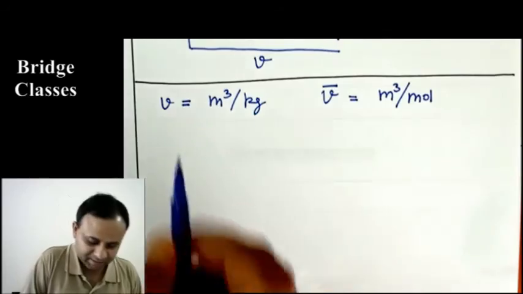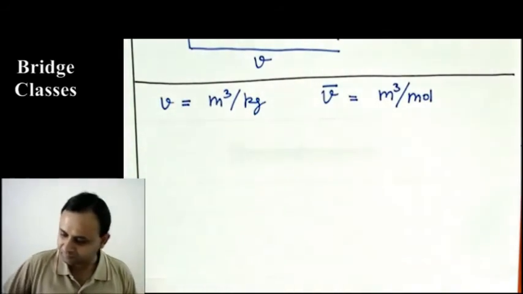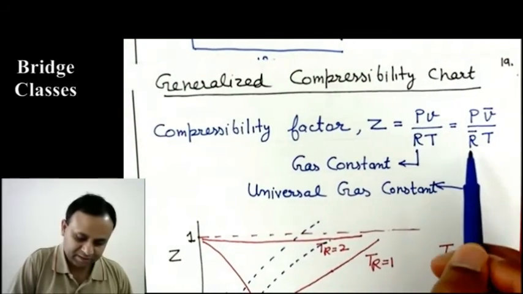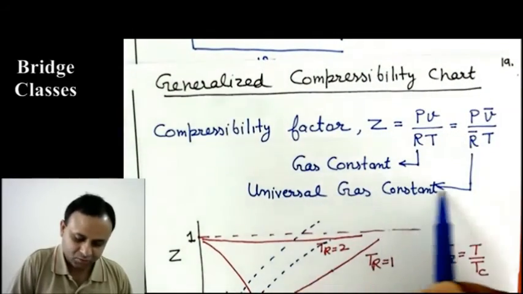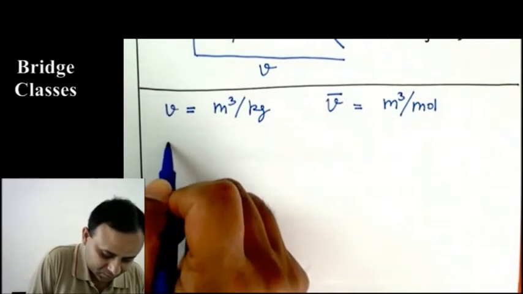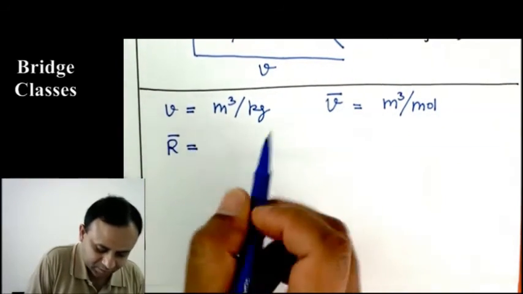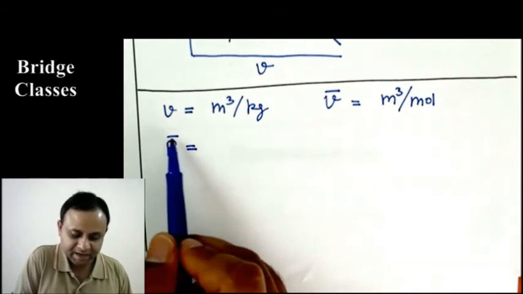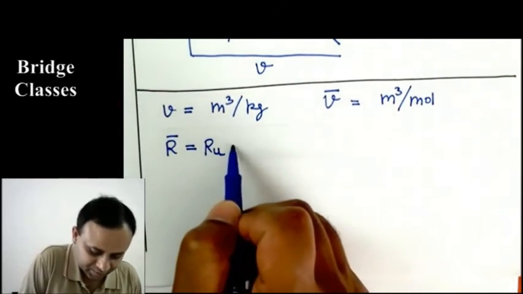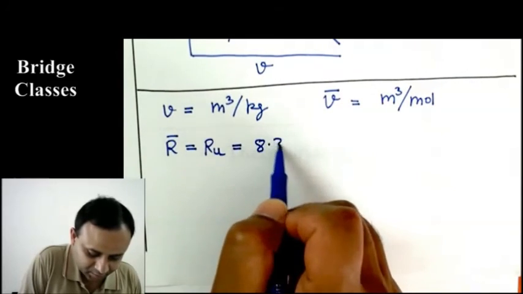And similarly, in the equation you see here, there is R bar. This is the universal gas constant. Sometimes we indicate that as R bar or as R U. That is the universal gas constant, and its value is 8.314.